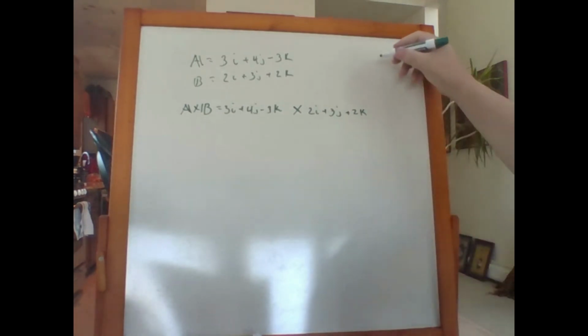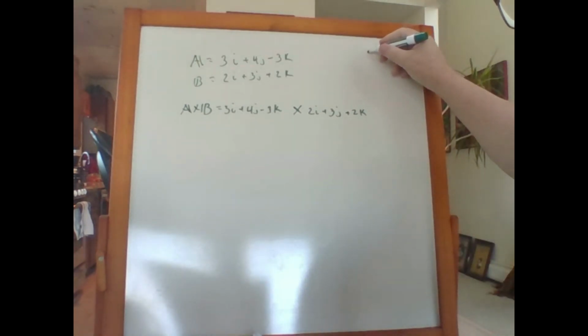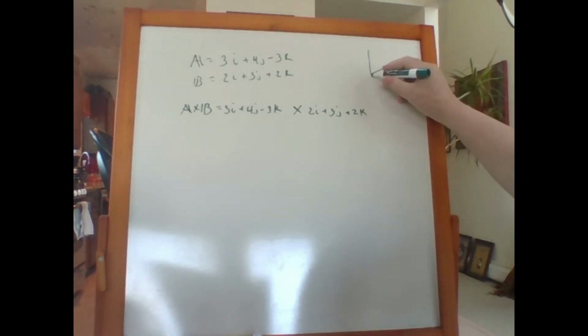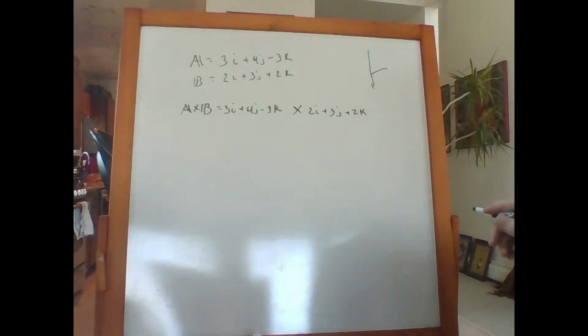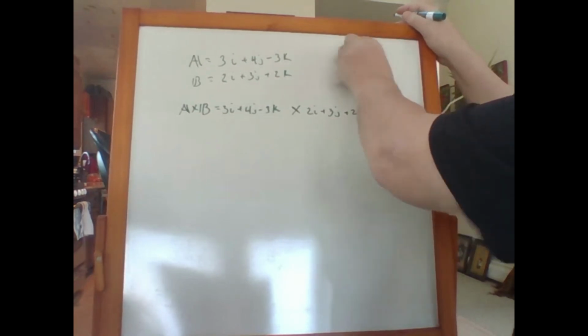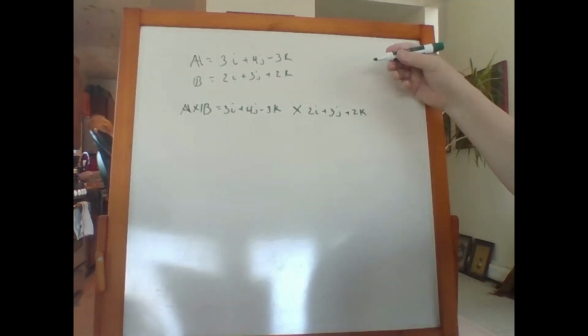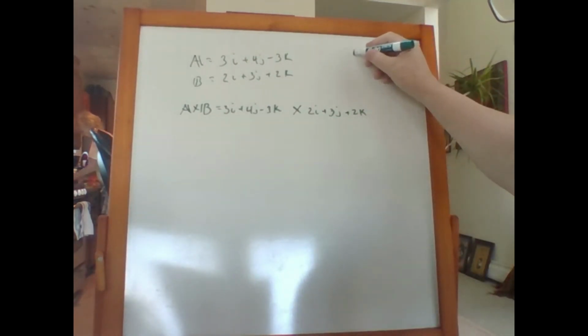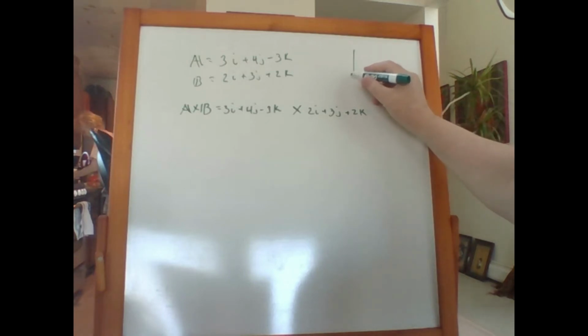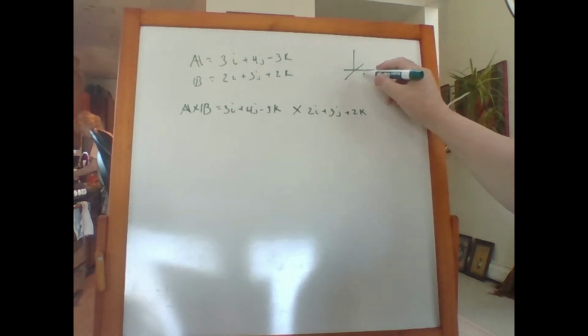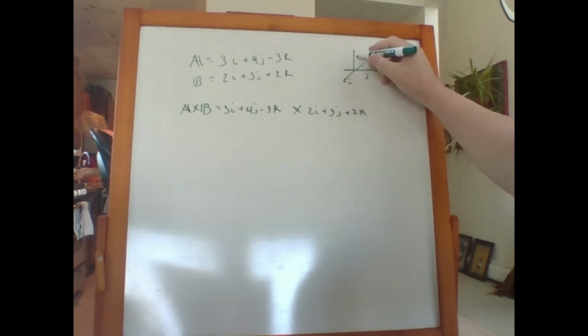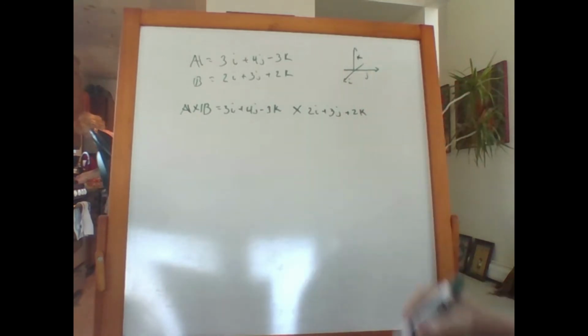I always like to draw a little vector diagram to help me understand which direction I'm supposed to assign in my cross products. So this is i, this is j, and this is k.